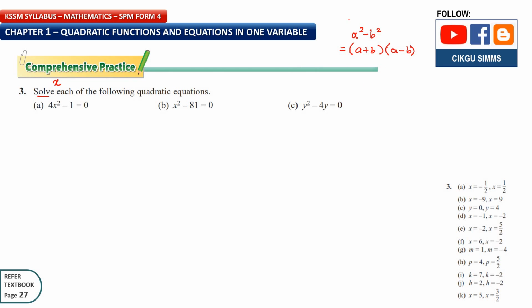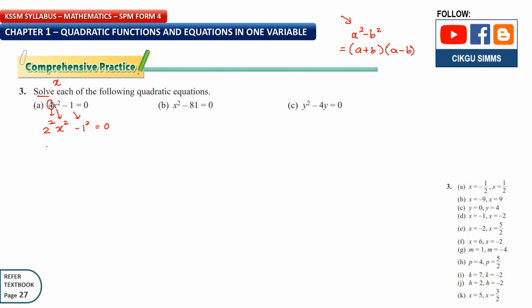So I'm trying to make it this form, something squared minus something squared. 4 is not in square form yet, so I make it 2 squared. 2 squared is 4, right? So I'm making my 4 become 2 squared. x squared is here, minus 1 squared, because 1 squared is also 1, right? 1 times 1 is 1.